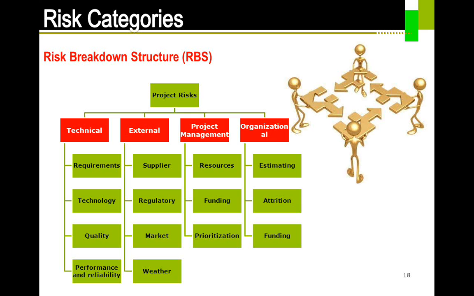Regulatory typically comes from government organizations. Government might suddenly come with a new rule or law which says we will not be able to do this. Market conditions, as I said, like recession, are another area where none of us have any control.